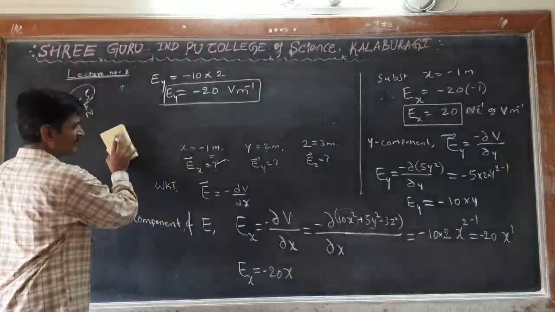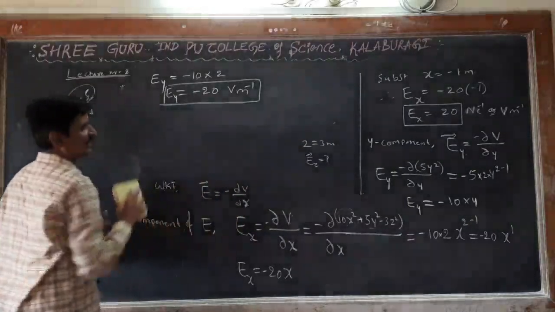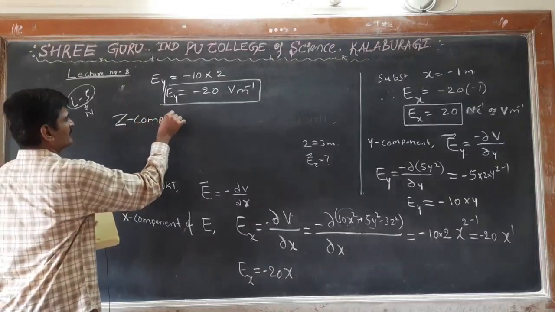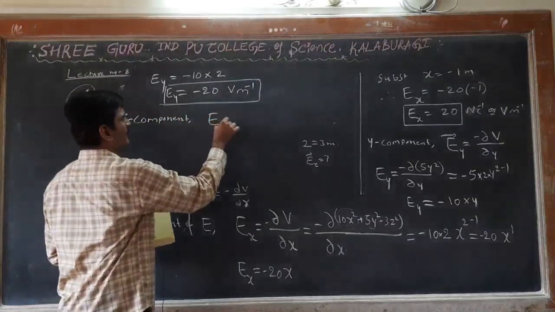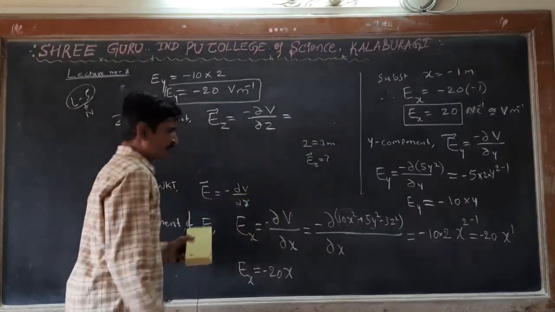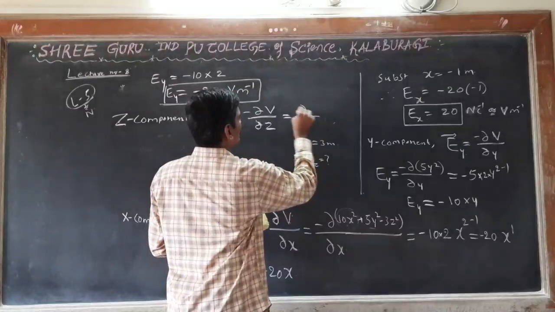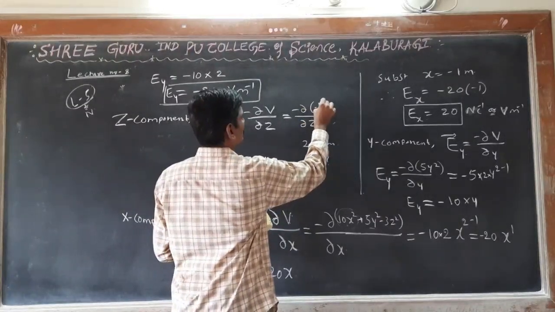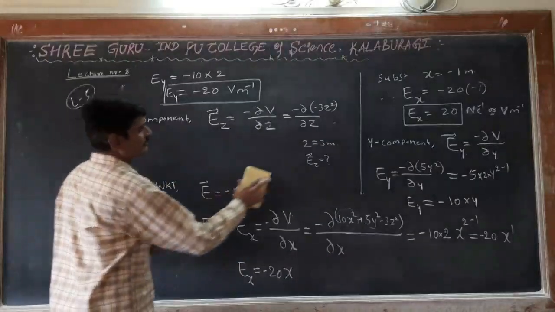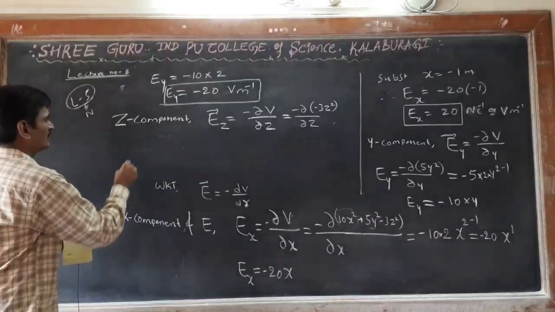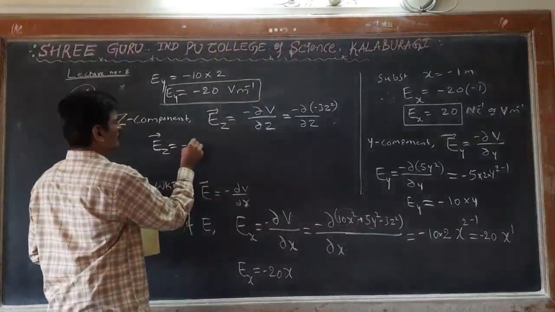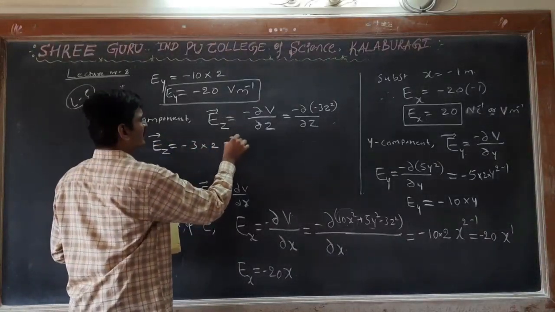Similarly, now the component of the electric field along the z-axis. The z component Ez is equal to minus dou V divided by dou z, of minus 3z square, and z is equal to 3. Differentiation gives minus 3 into 2z raised to 2 minus 1.